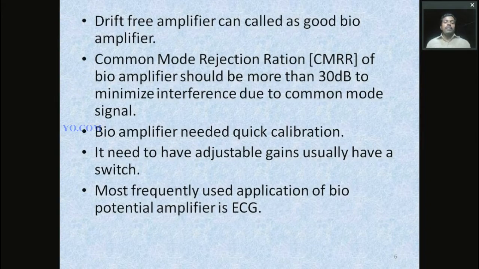Just like our audio amplifier has a volume controller, where we increase the volume by turning the control to the right, the biological amplifier should have a switch to change the gain.